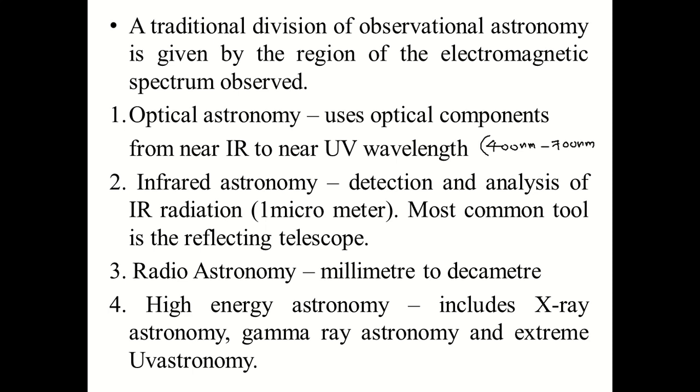So in optical astronomy, we observe the region of the electromagnetic spectrum with wavelength 400 nanometers to 700 nanometers. Optical actually means the visible one. That's why we use optical components like lenses, mirrors, and in advanced technology some solid state detectors also.